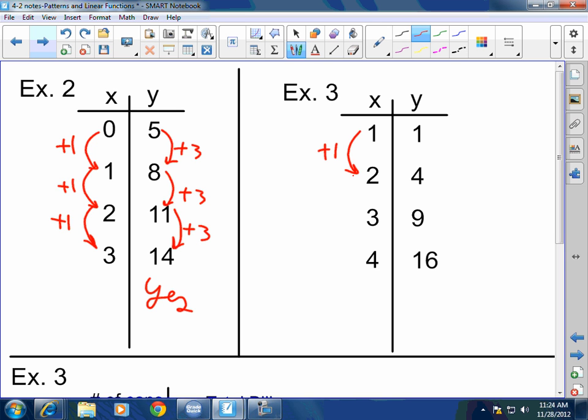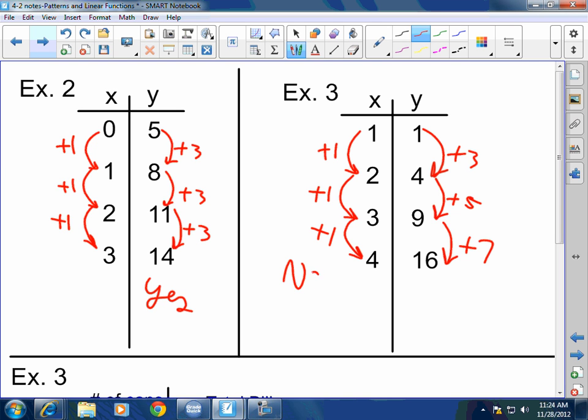From 2 to get to 3? From 3 to get to 4? From 1 to get to 4? Is that linear? Why? Very good. You have 3, then 5, and 7 as the quotients. They're not the same. They're not constant. That's very good. So that is wrong.